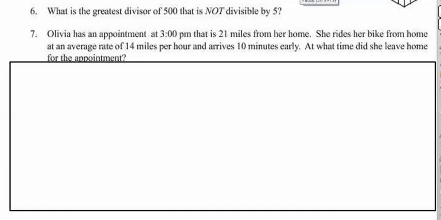Alright, so in this problem, we are looking for the greatest factor of 500 which is not divisible by 5. To solve this, we're going to take the prime factorization of 500.